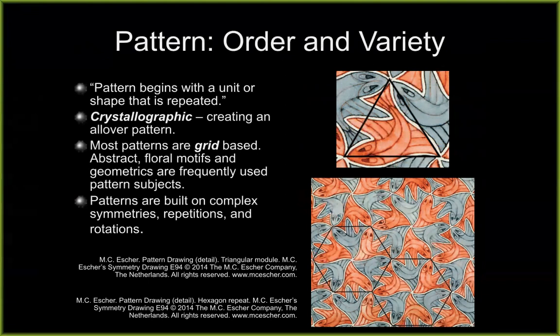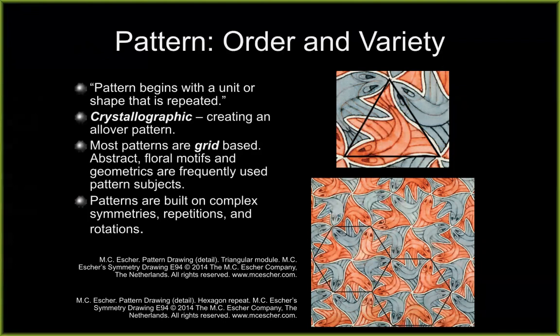But as you can see in this Escher drawing, there's a lot of variety within the grid. It's really interesting to analyze an Escher drawing the way our book has done and break it down into the elements and see just how amazing it is that he was able to create so many fascinating patterns.